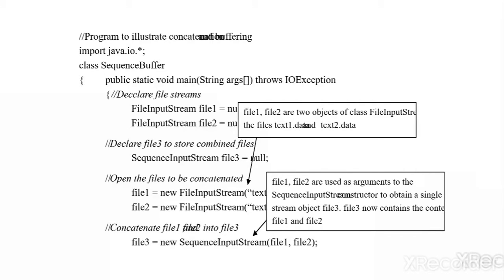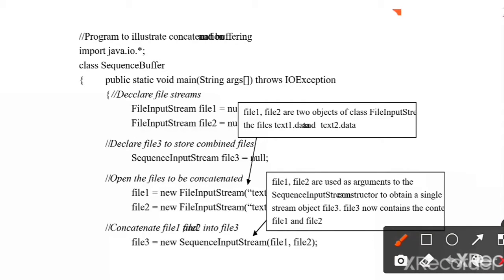Here is a program to illustrate how to create a single stream by concatenating or combining two streams. Firstly, a class is created and then a main method is included within the class. Later, we are going to create two objects of FileInputStream, that is file1 and file2, initialized to null.